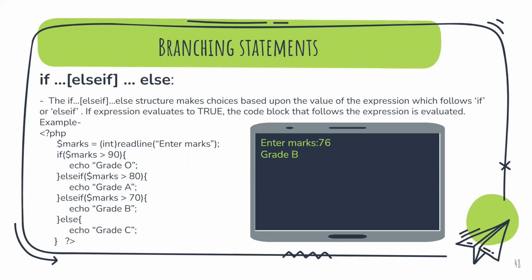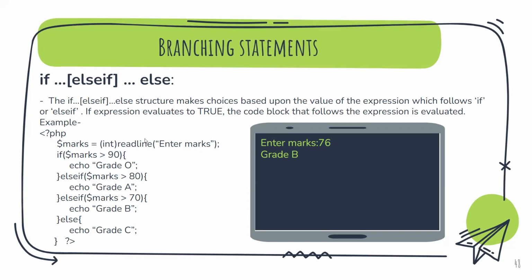So here is an example. Basically what it's doing is reading input from the console, and based on the input that's read, it is checking the marks. In this case I am reading marks entered by the user, and since whatever I enter on the console is taken as a string, I'm typecasting it using the typecasting operator, which is enclosed within brackets.